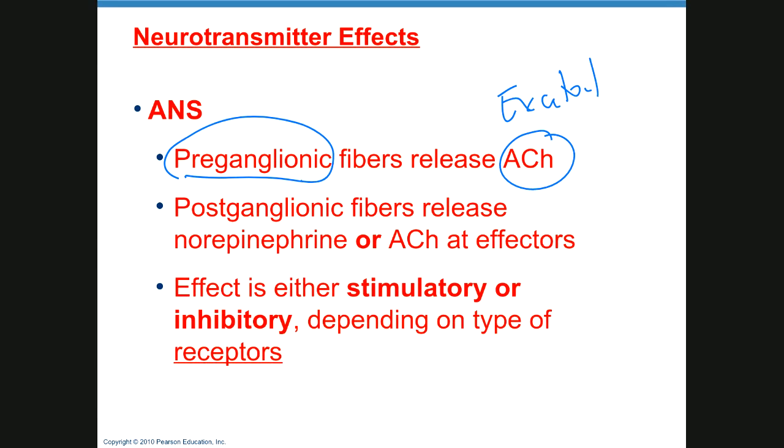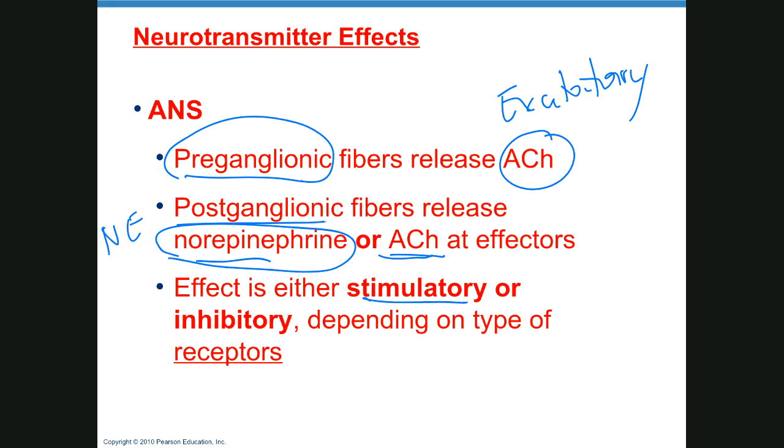On the other hand, the postganglionic neuron can release either norepinephrine, whose acronym is NE, or acetylcholine, depending on whether we're talking about the sympathetic or the parasympathetic nervous system. The effects of norepinephrine or acetylcholine in this case on the effector organ are going to be either stimulatory or inhibitory, depending on the type of receptors that the organ has.